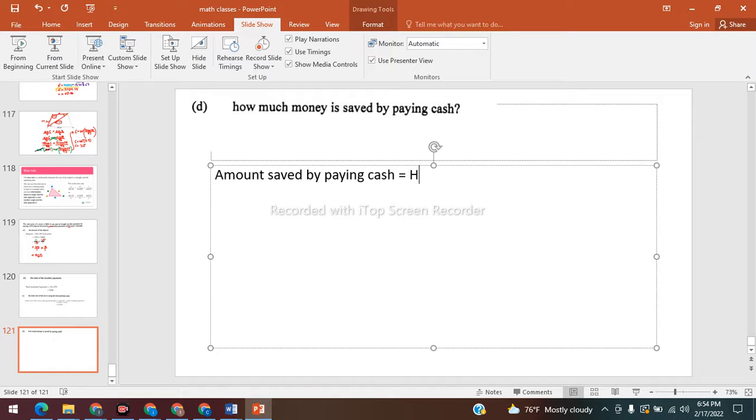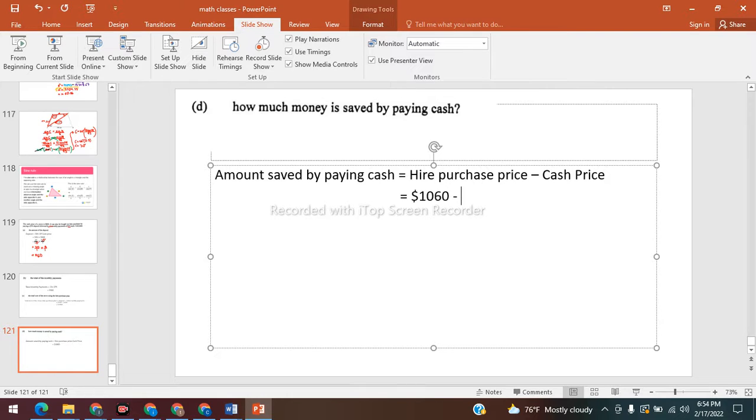Yeah, very good. So it's going to be hire purchase price minus cash price. The hire purchase price is 1,060.